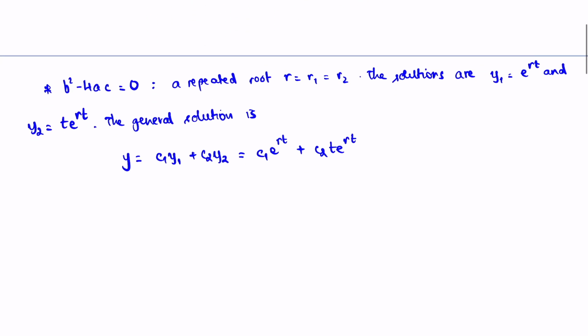Now for the last case, where b squared minus 4ac is less than 0, you have complex roots. The solution for complex roots will also be derived in another lecture, but I want to give you the formula here in this lecture. Just the formula. Where it comes from, I will show you later.